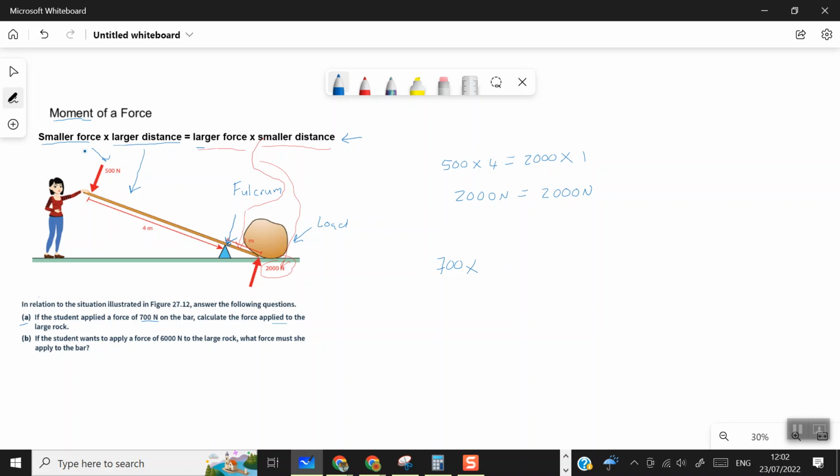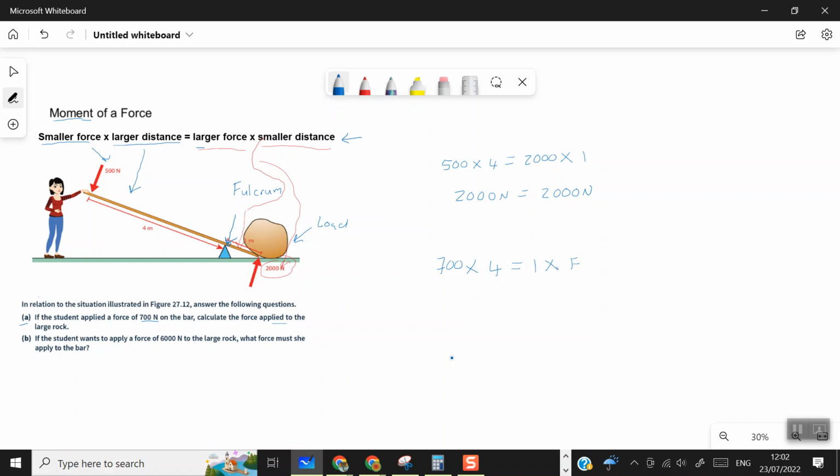So we have 700 multiplied by the same larger distance. Small force multiplied by large distance, which is 4, is equal to the smaller distance, which is 1, multiplied by what we're trying to work out. We'll just call it F. We're trying to work out the force. This is the unknown.